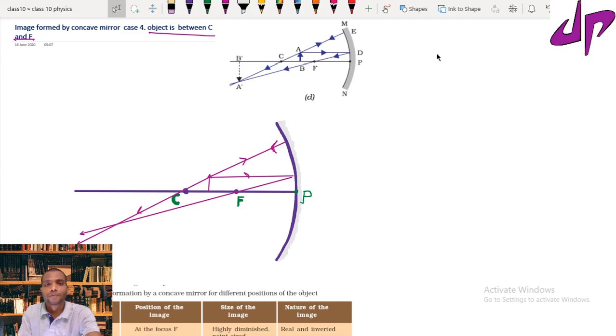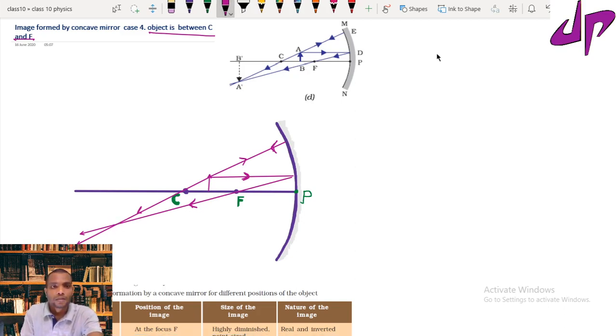And here we can use the first rule. A ray which is parallel to the principal axis, after reflection, should pass through the focus. Now where is the image? The image is here, inverted, where the reflected light rays meet.